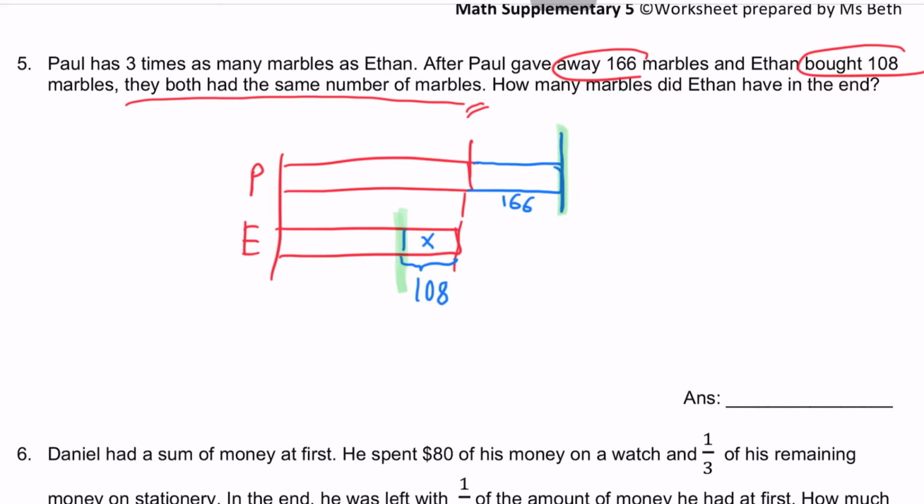And what do they say about that? Paul had 3 units. Ethan, up to this point, 1 unit. So again, I'm going to draw a cut down here to do a comparison. Paul had 1 unit here, and Ethan, same thing. So what does it tell me about this part of the model?